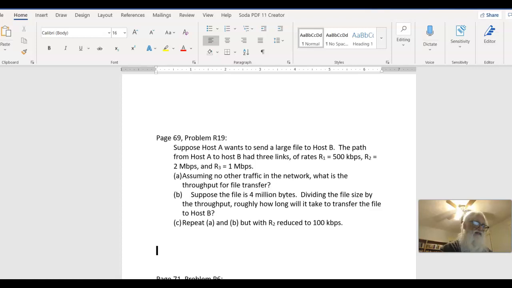Now, it doesn't matter how fast R2 and R3 are at this point, because you're only going to get 500 kilobits to that point before they can start sending them. You have a bottleneck. And that's the way to think about this. Think of what the minimum is as you send them through. Throughput means how many you can get through in a certain amount of time.